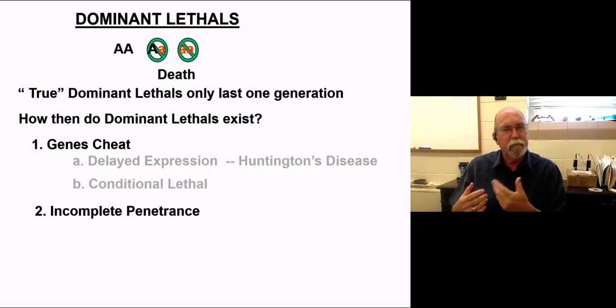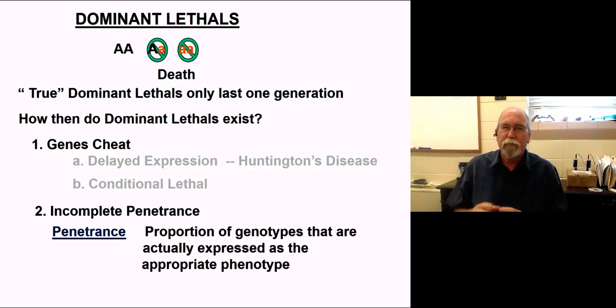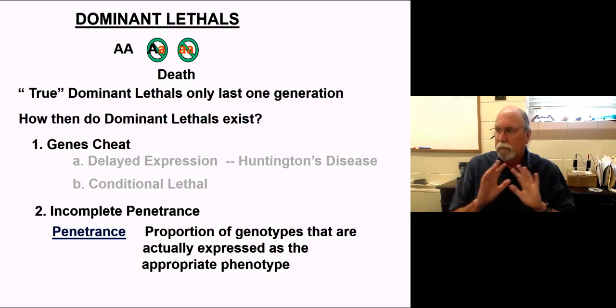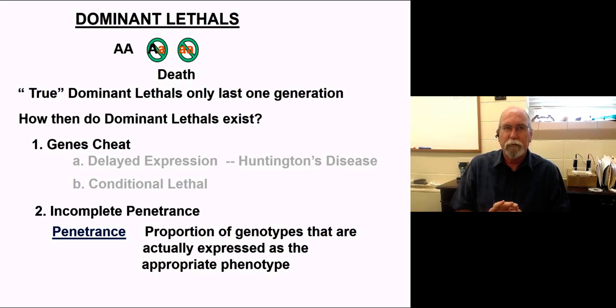Well, there's this whole idea of these sublethals, and all that really falls under what's known as incomplete penetrance. Penetrance is a term that we haven't talked about yet, but it applies to all allelic systems, all right? Penetrance is the proportion of those genotypes that actually express what they should, okay? Meaning that if you're big A or you're big A little a, like, in anything, right? So let's go back to maybe snapdragons or something.